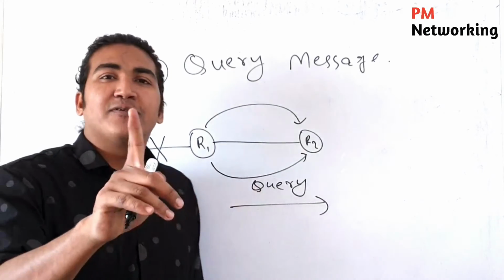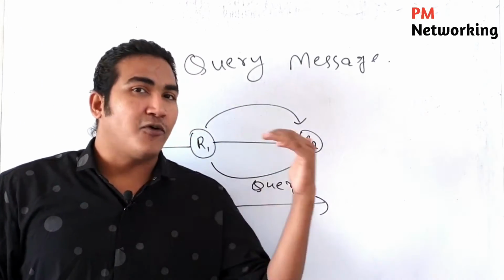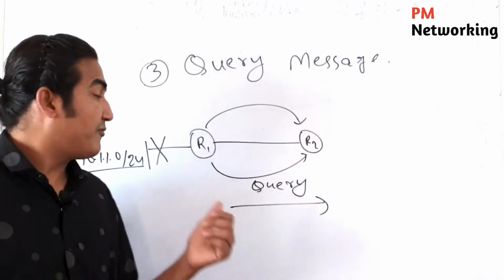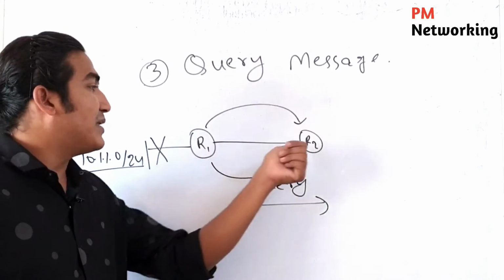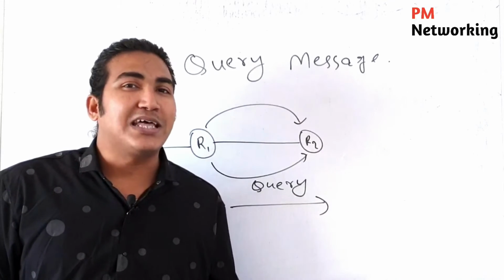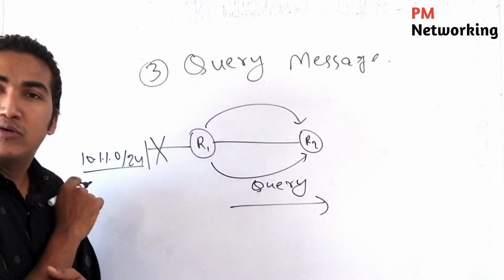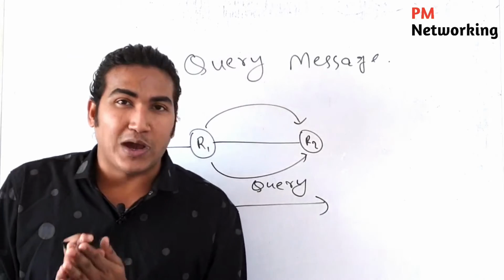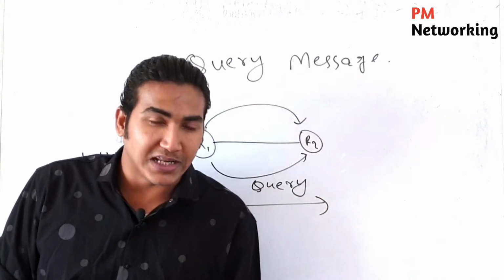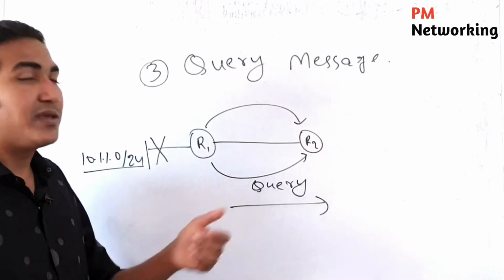So the first use of the query message is to inform the neighbor if a network goes down, so they remove the prefix from their routing table.